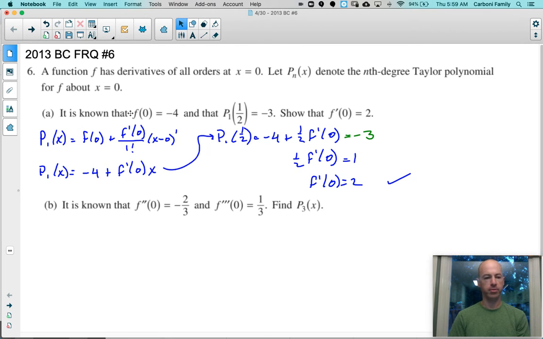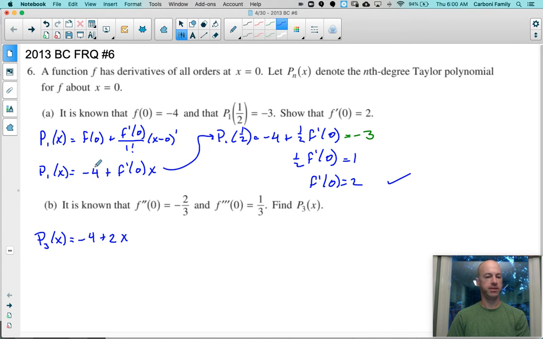All right, so part B. It is known that f double prime of 0 is -2/3, f triple prime is 1/3. Find the third degree Taylor polynomial. This one won't be too bad because we already have the first two terms. So my third degree Taylor polynomial is going to be -4 plus f prime times x.